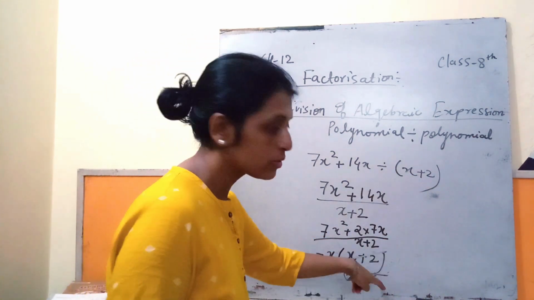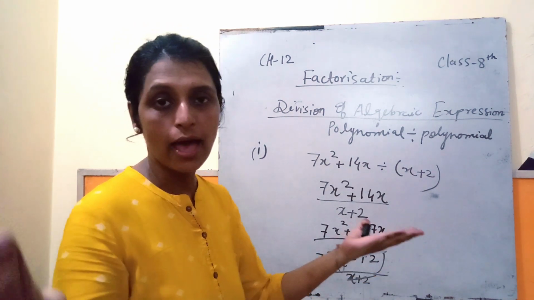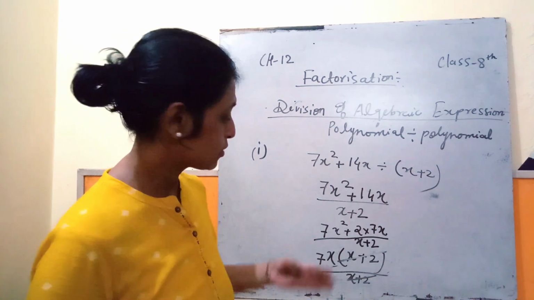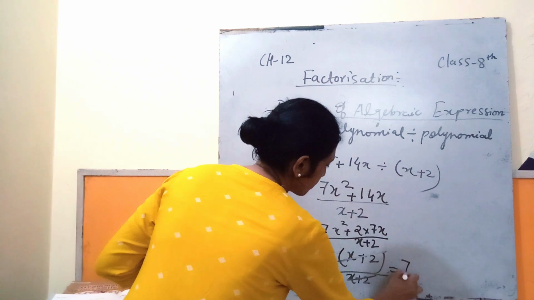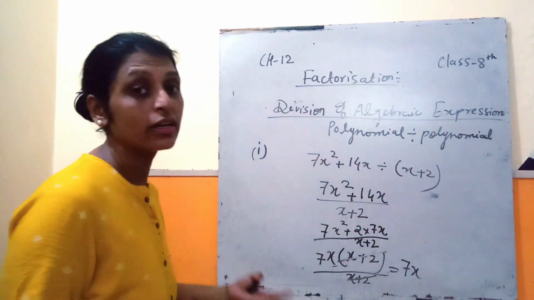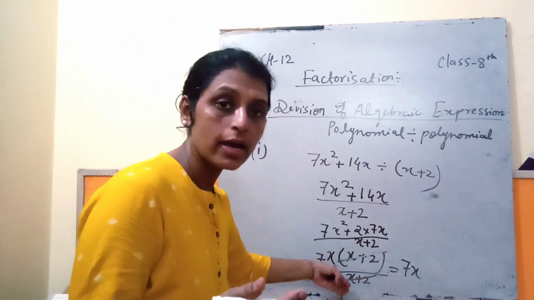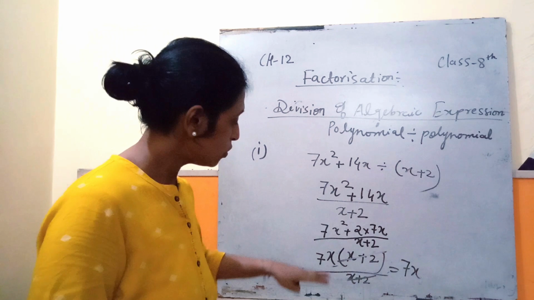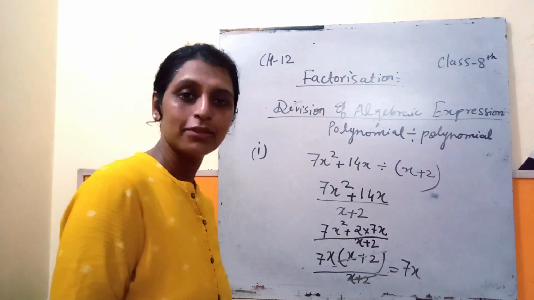So here 1 minus 1 is 0, and any base which has 0 as the power gives 1. So 7x into 1 is 7x. And simply, if you don't want to understand this much, these are like terms and you can cancel them. So we get 7x as the answer.